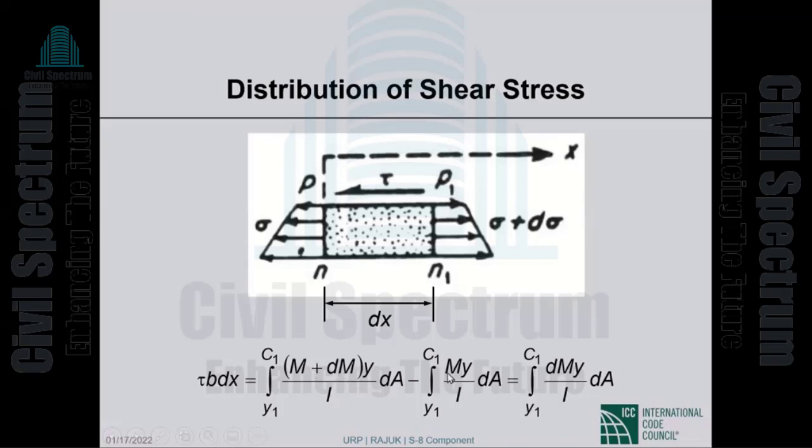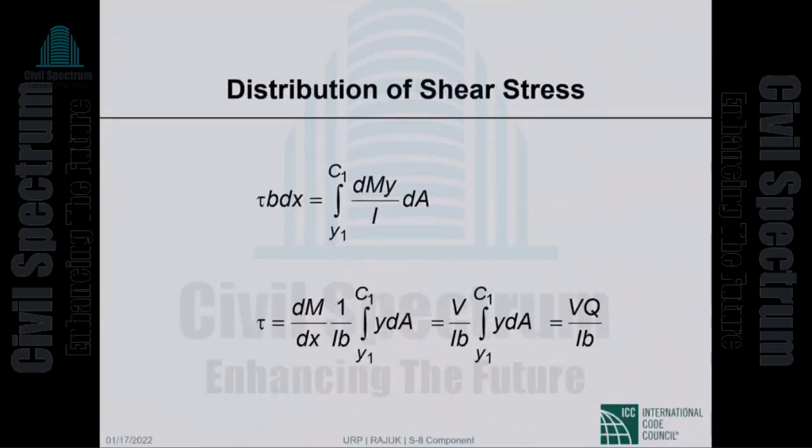And when you take this away from that, you end up with this dM over I times y integrated from y1 to c1. So this is what we get from force equilibrium of that elemental block.